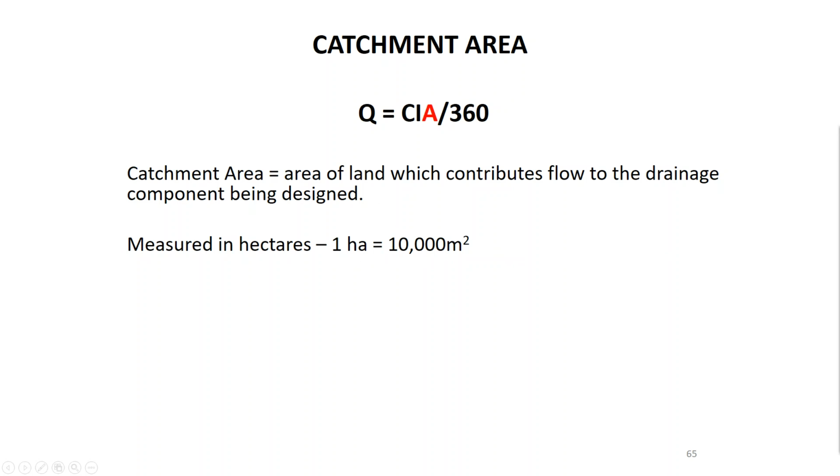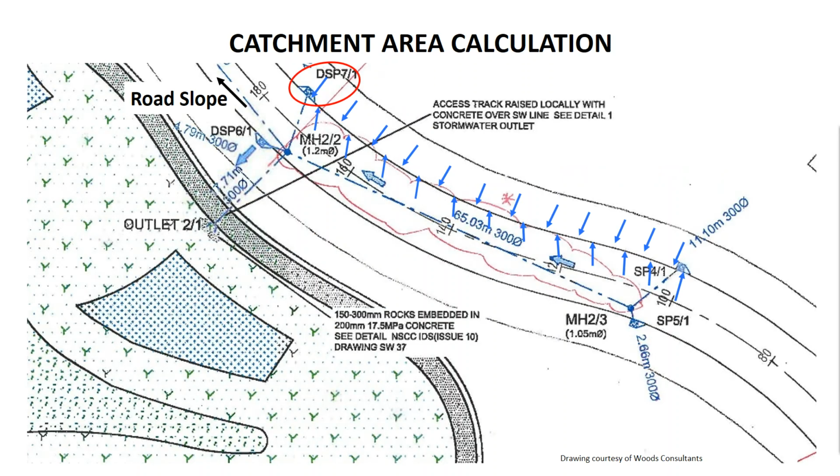Once again, hectares may only be more useful for a larger catchment, but that's what we've got. So let's look at a catchment area here. We were looking at this before, so let's assume that the water's flowing all the way down, and we're just looking at what's flowing into this splay pit here.